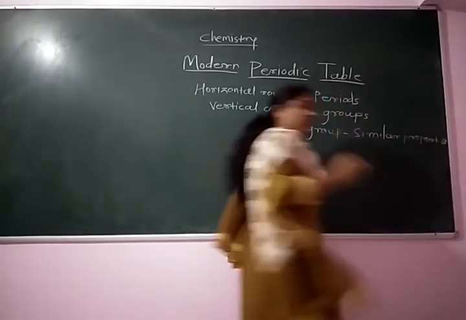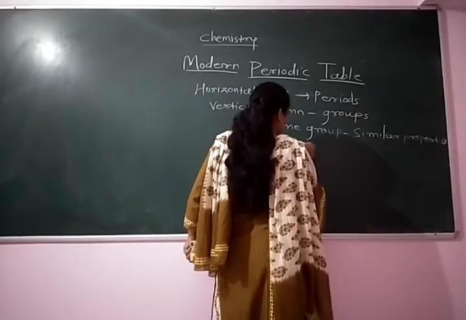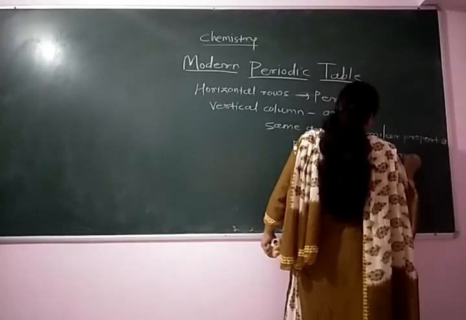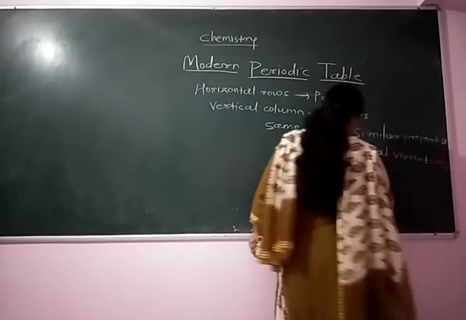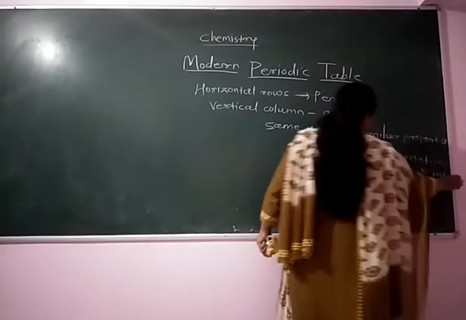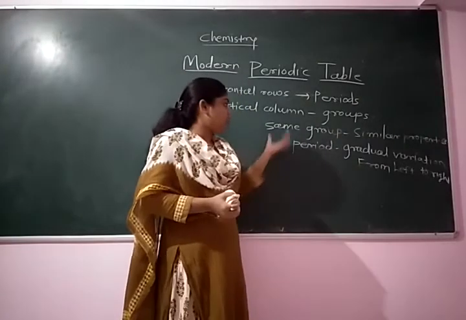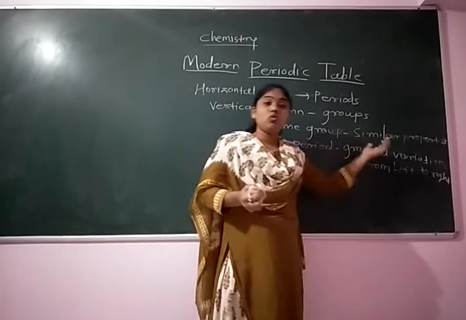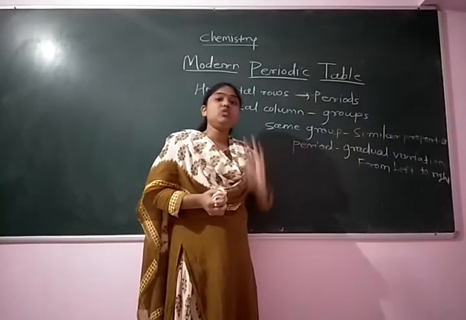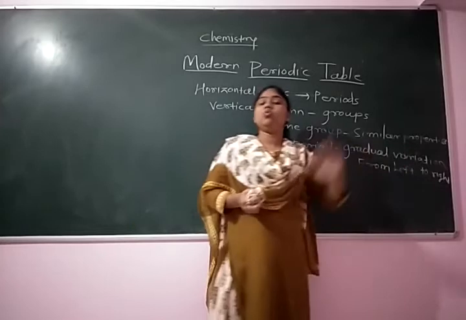But the properties of elements in a series, in a period, show gradual variation from left to right. Is it clear?